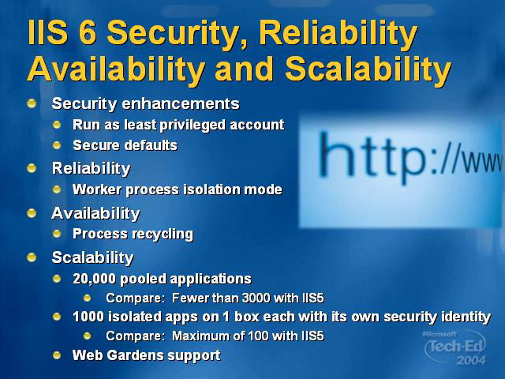Windows Server 2003 can run over 2,000 pooled applications compared to fewer than 3,000 with IIS 5. So there are some nice implications there for those of us who have to host websites, and lots of them. You can run over 1,000 isolated apps on one box, each with its own security identity, compared to a maximum of 100 on IIS 5. So an order of magnitude increase there. And also support for web gardening, which is kind of a cool feature.